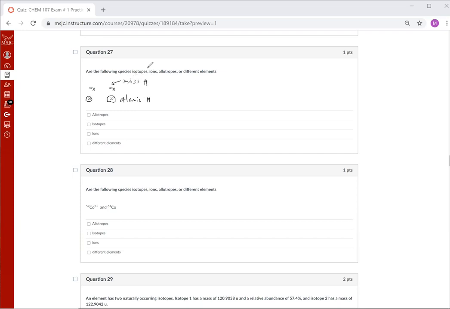So what number is different, the atomic number or the mass number? The mass number. So what do we call two different atoms with different mass numbers of the same element? Isotopes. These would be isotopes because they're the same element and they have different mass numbers.